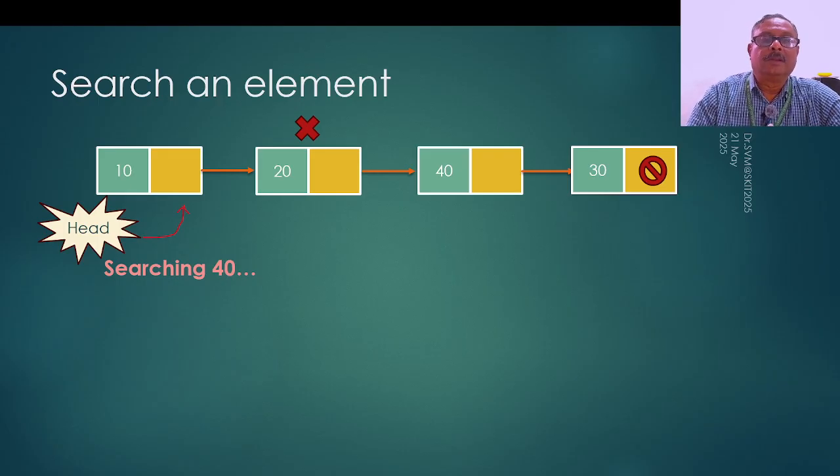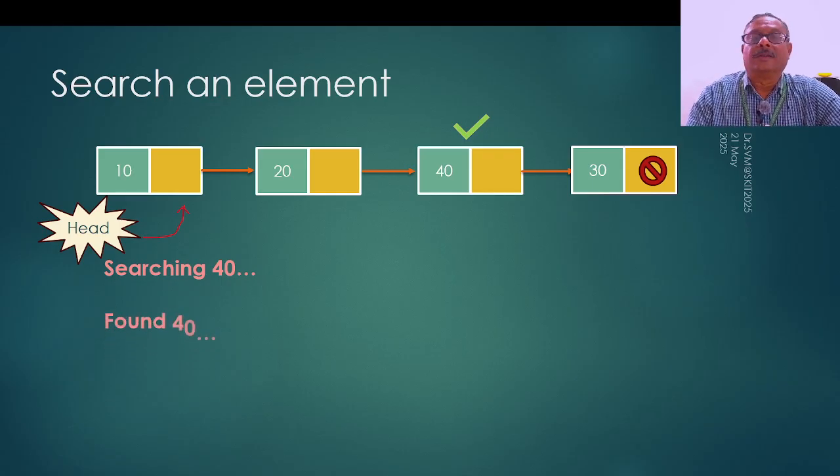Therefore we take the help of the address of the next node and jump to the next node, and there we find that the value matches what we are looking for. Now we can comfortably declare that we have found an element of value 40.